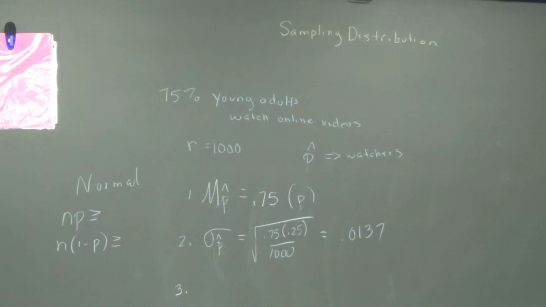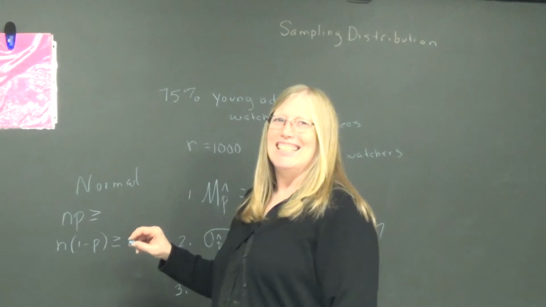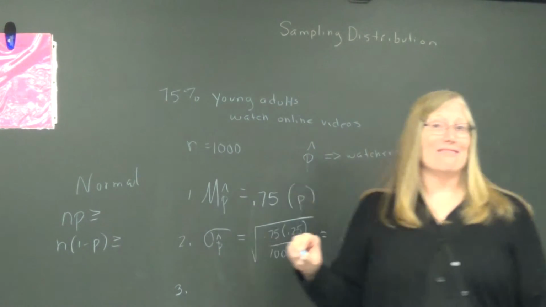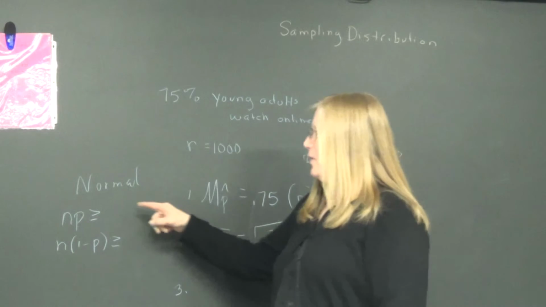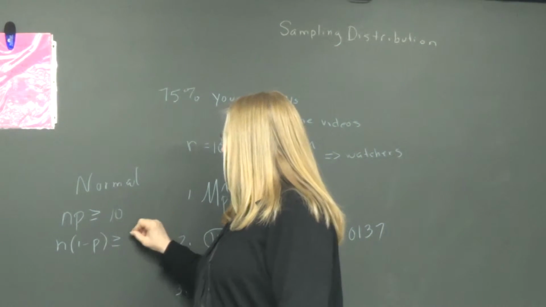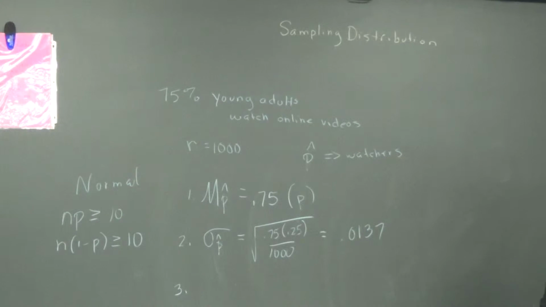It fades quickly, doesn't it? The test for being normal was that both had to be greater than or equal to 10. So let's test it in this case.